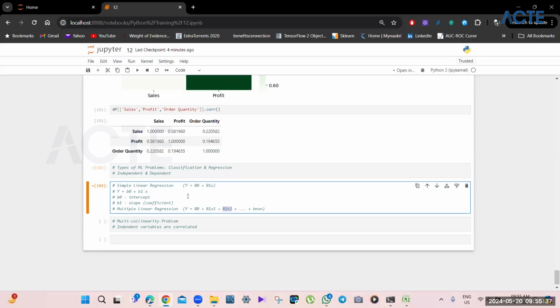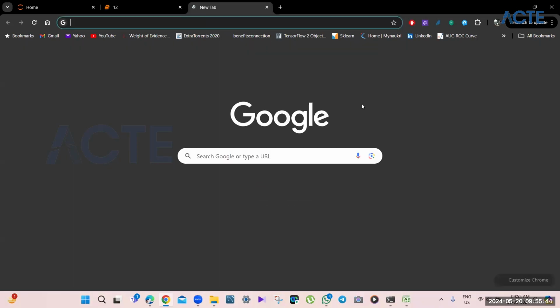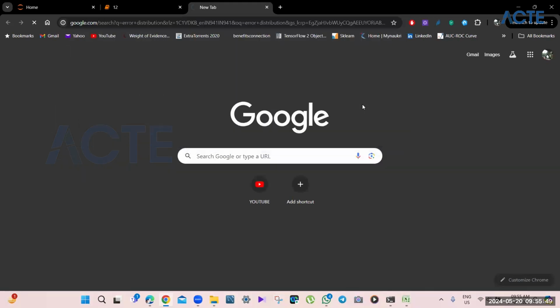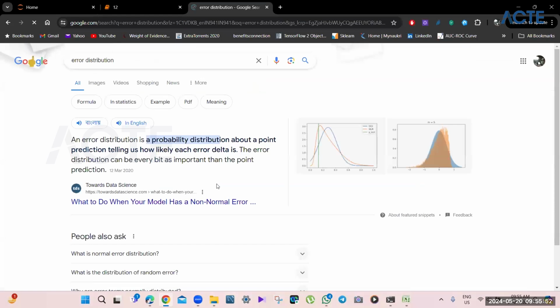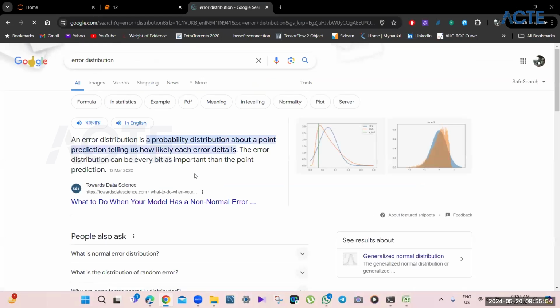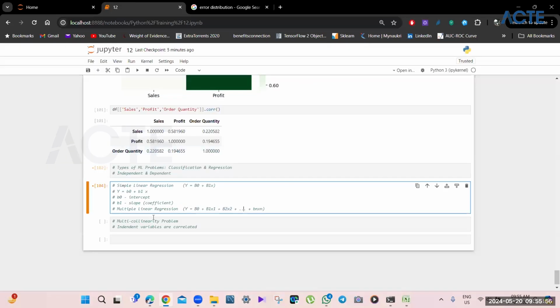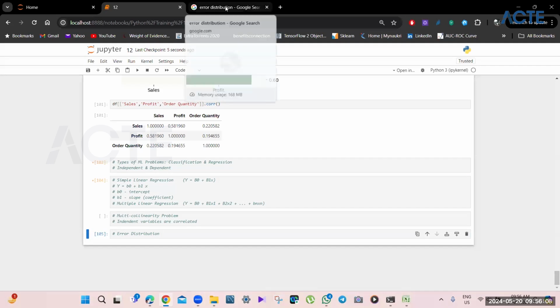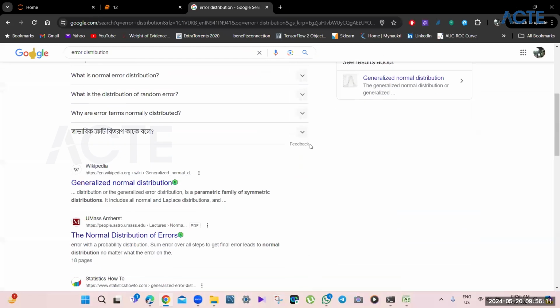Once that part is done, then finally you have to look at your errors. Now, how can we check errors? There is something called error distribution. So what is error distribution? It is how much the errors are spread out.